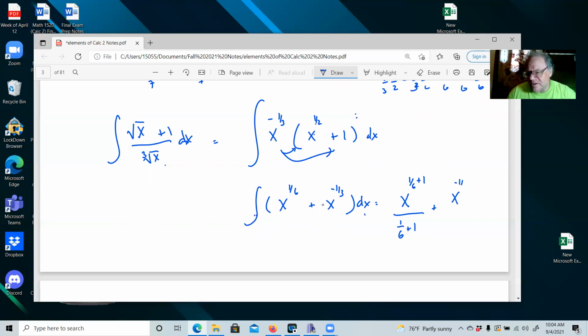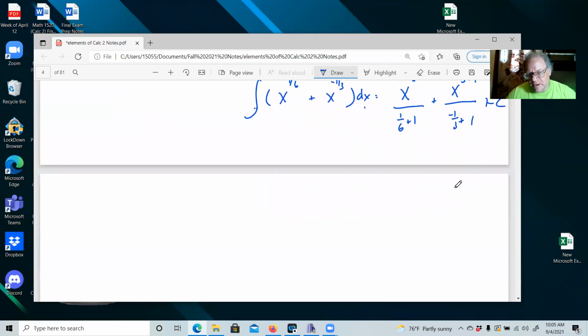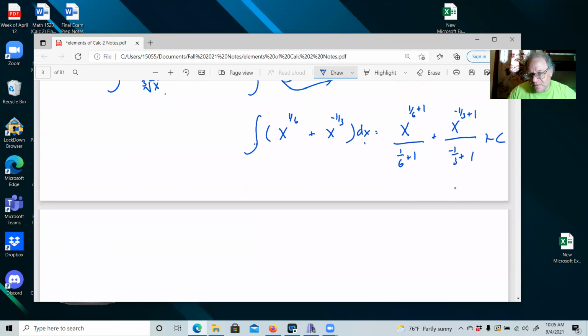This is x to the negative third plus 1, plus 1/6. Well, you might need a little bit of help here, right? One is really 6 over 6. So x to the 1/6 plus 6 over 6, plus x to the negative third plus 1. Negative third plus 1, so 5 thirds.